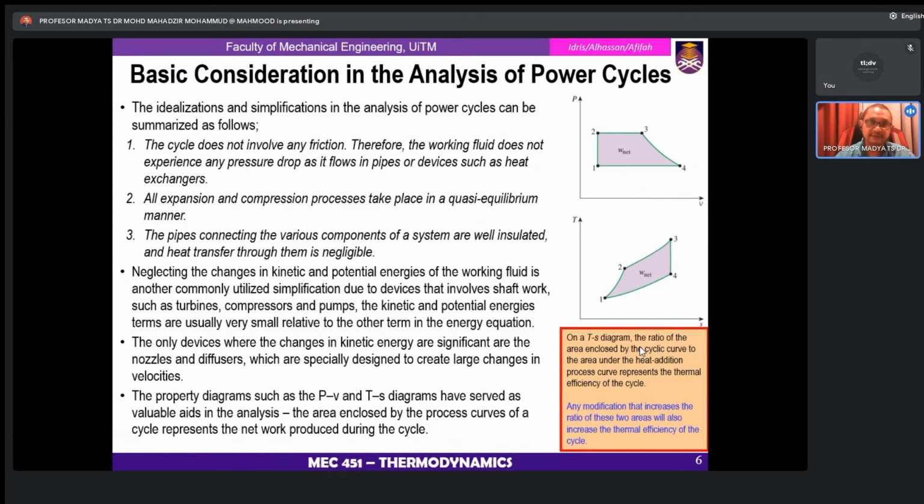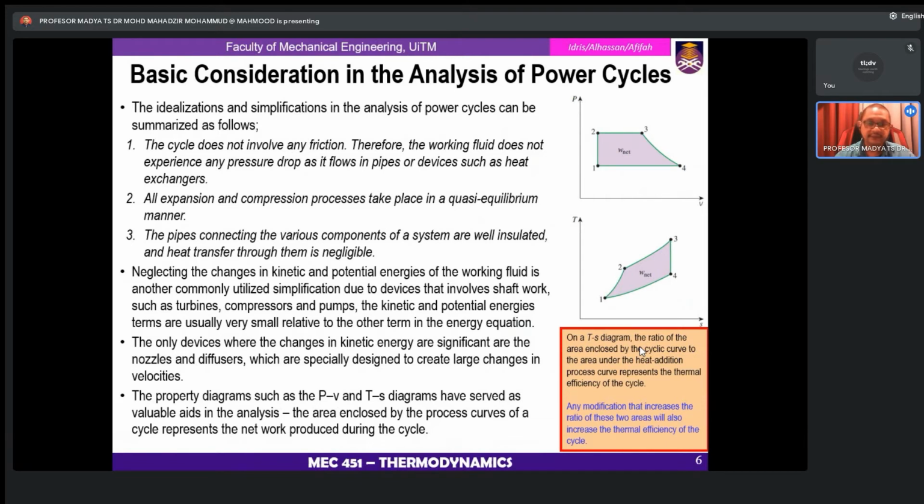We don't consider any friction. Number two, all expansion and compression processes take place in a quasi-equilibrium manner. And number three, the pipes connecting the various components of the system are well insulated. Those are assumptions that we must make, and the heat transfer through them is negligible.